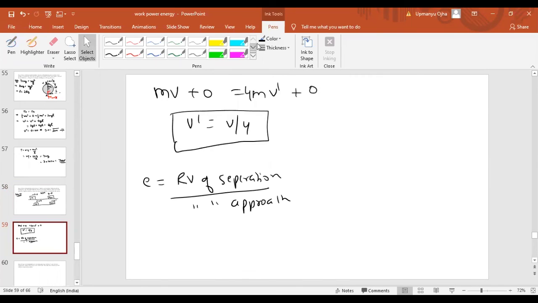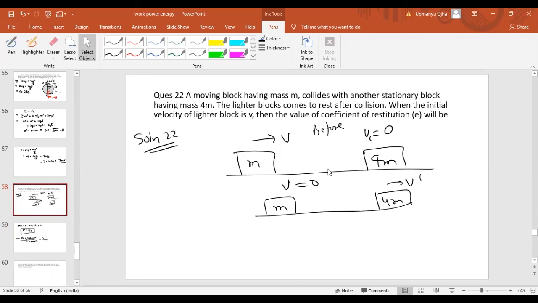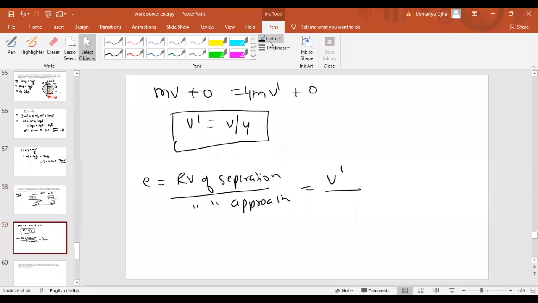Separation is v dash minus 0, and approach is v minus 0. So v dash is v by 4, so v by 4 by v, which means e will be equal to 0.25. So the value of e will come as 0.25.